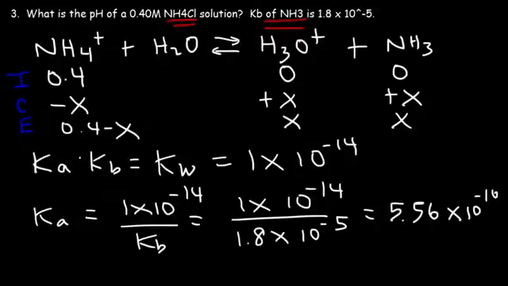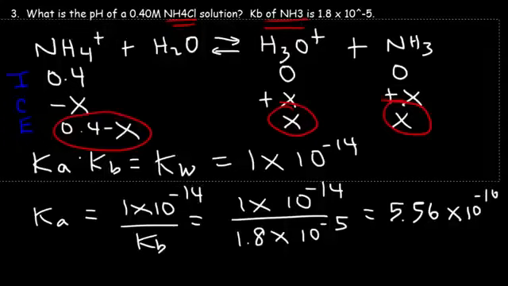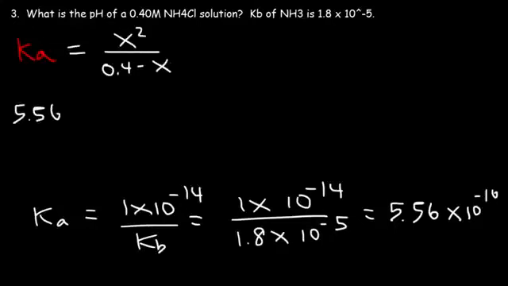So now that we have Ka, we can write the equilibrium expression, which is going to be products over reactants. So we know it's going to be x squared divided by 0.4 minus x. Now Ka is very, very small.